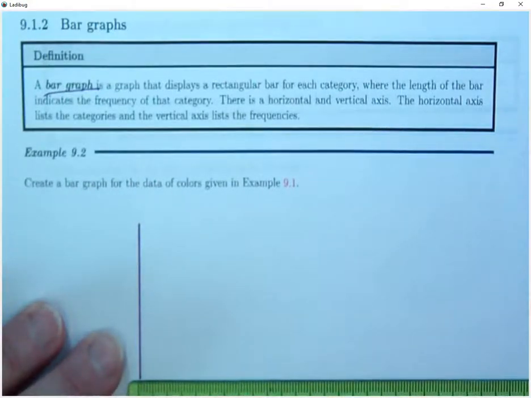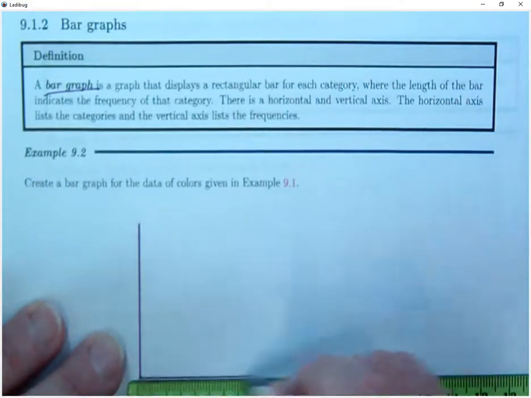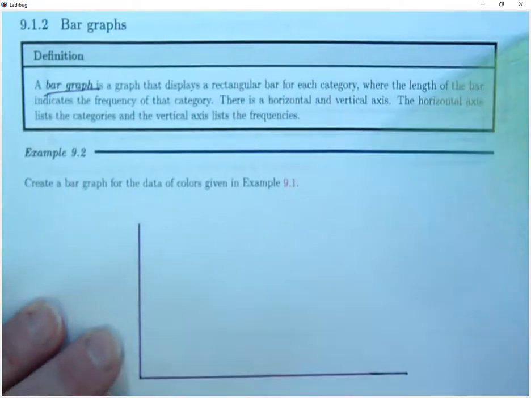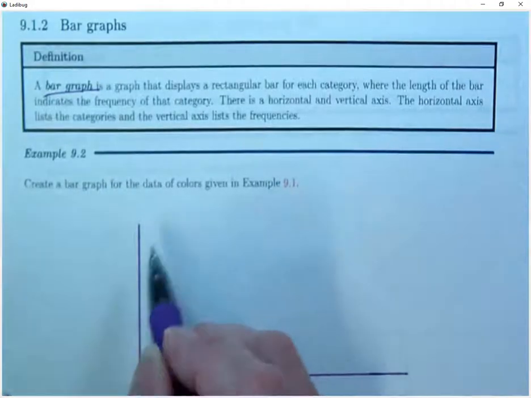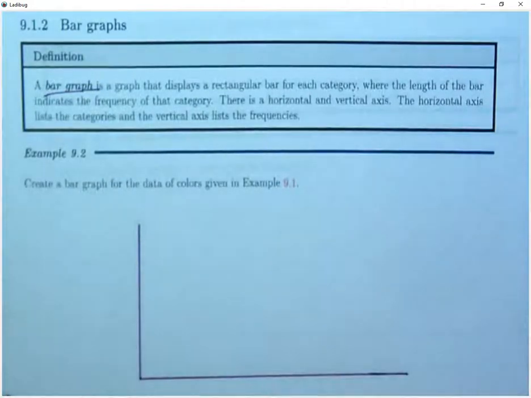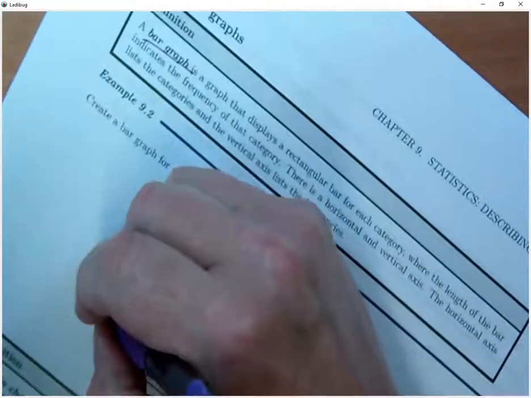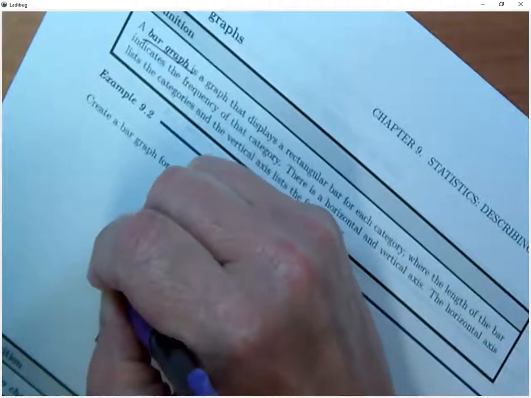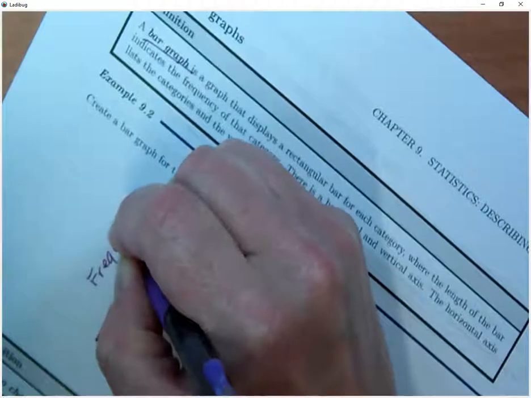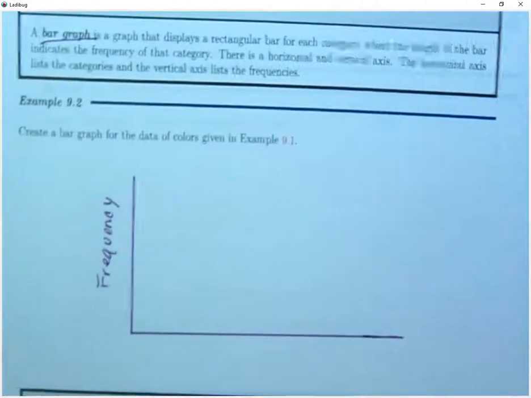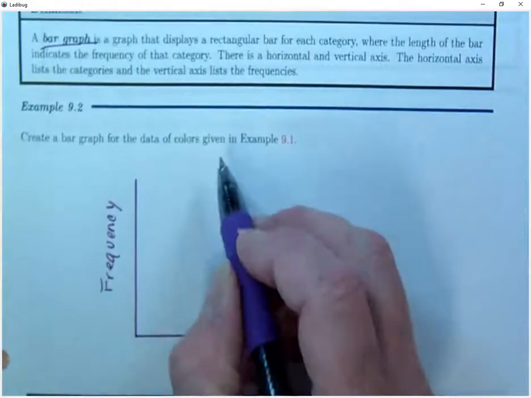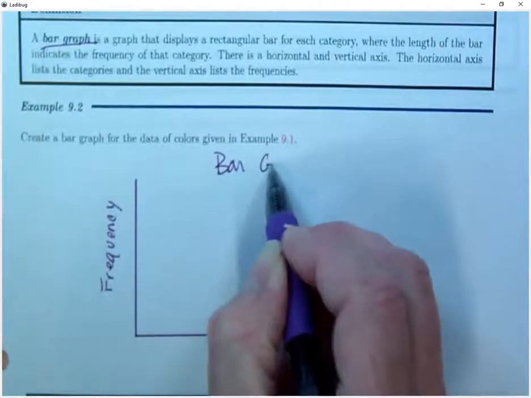But do pay attention to that if a question asks for relative frequency. I don't really need a lot of room for this, but my numbers are pretty small. The thing to note is that you want to write frequency, like I could just turn it like this and know that that represents frequency rather than relative frequency. I also want to put a title here, bar graph of color data.